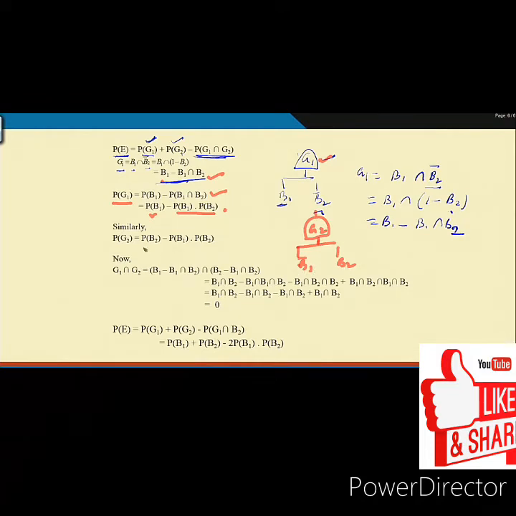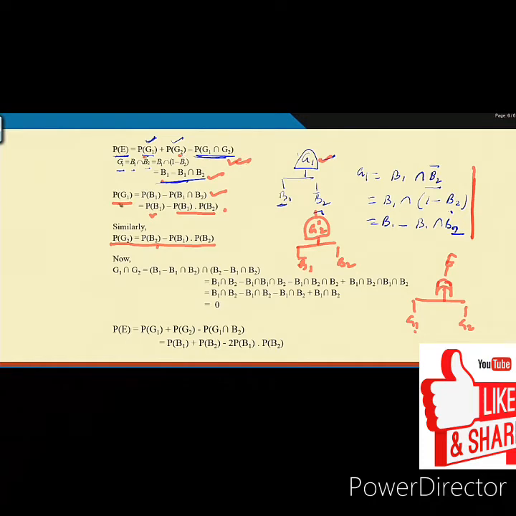When you multiply that and do a similar derivation, you get PG2 equal to PB2 minus the probability of B1 into the probability of B2. So, these two gates G1 and G2 are quantified. Then E is linked with an OR gate to G1 and G2. So, with the OR gate, you get PG1 plus PG2 minus the intersection.